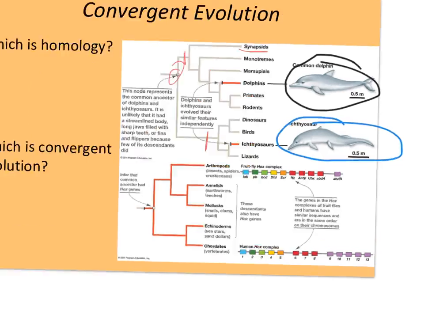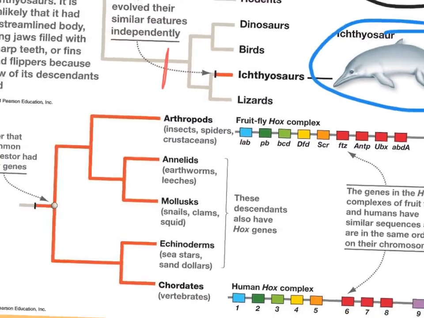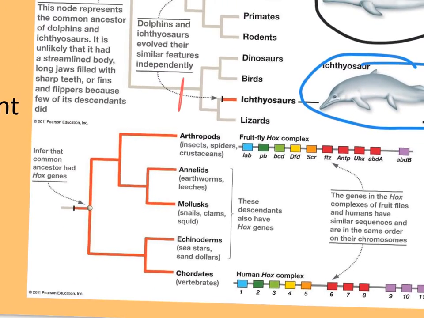Now, if we go back down here, though, these are what are called Hox genes. And Hox genes are major gene controllers of other genes that kind of control development. Now, all animals have Hox genes. Okay?